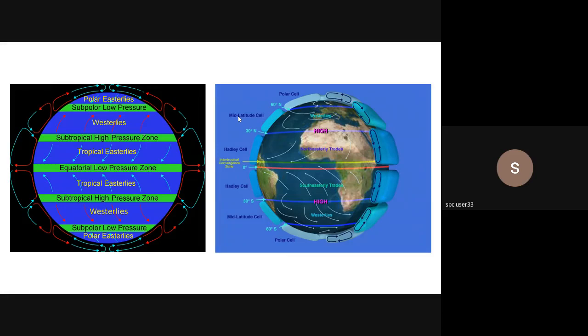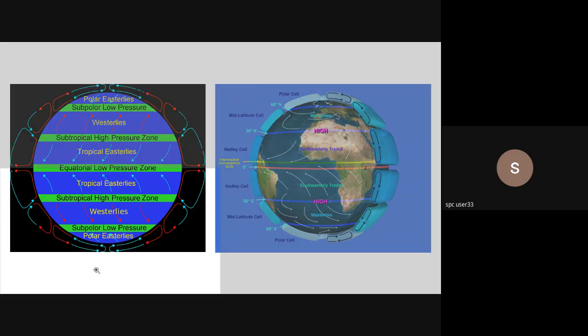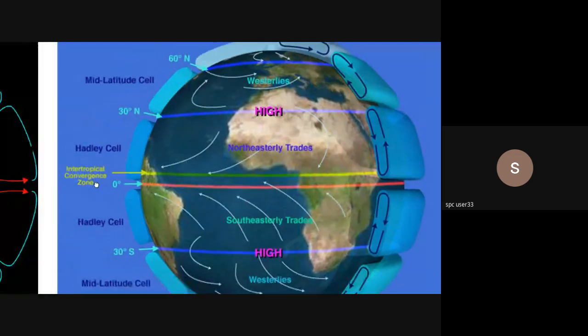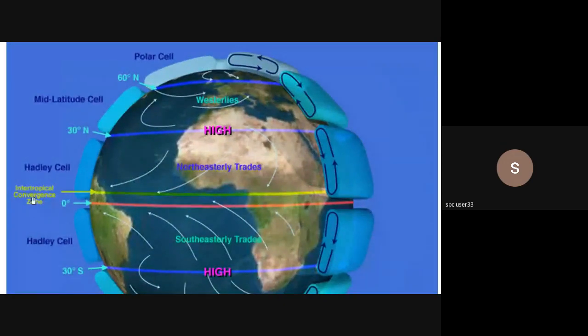Now you'll see that this one here, there is another name to what we were referring to as the doldrums. It's also called the ITCZ. Many of you would be knowing about this. The ITCZ, the Intertropical Convergence Zone. And the third name to this is the thermal equator.